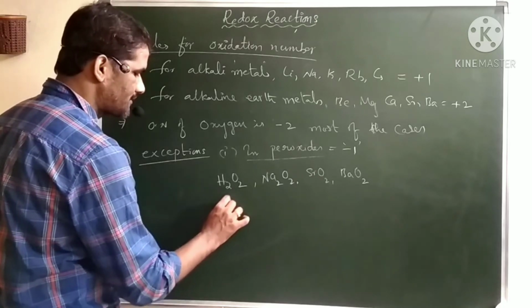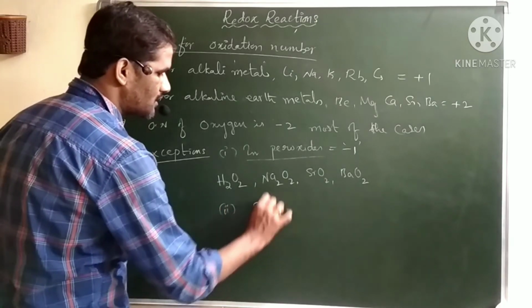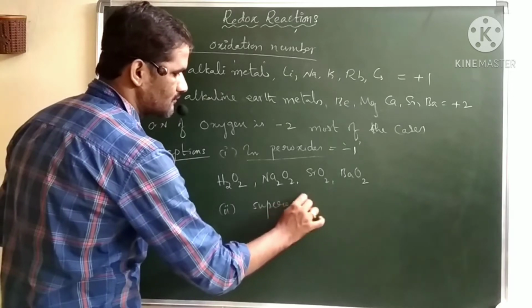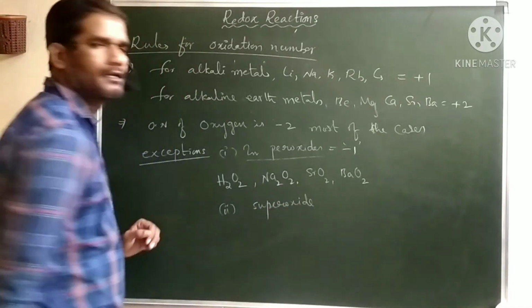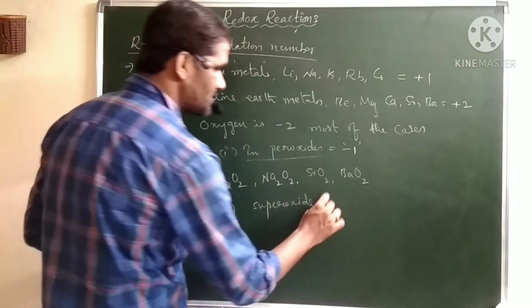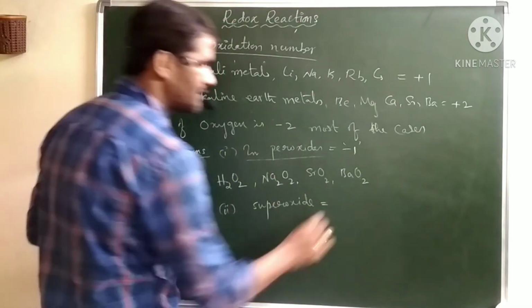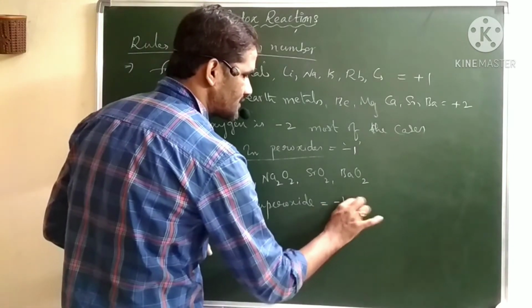The second exception is superoxides. In superoxides, the oxidation number of oxygen is -1/2.